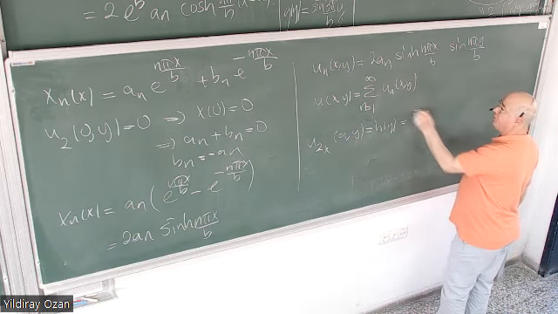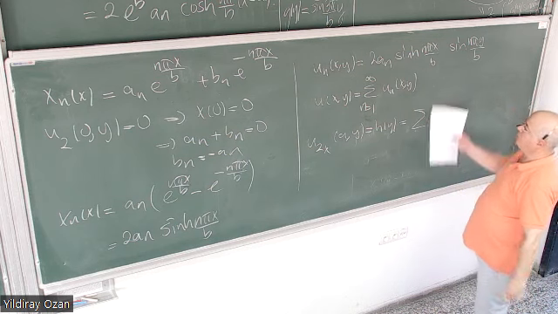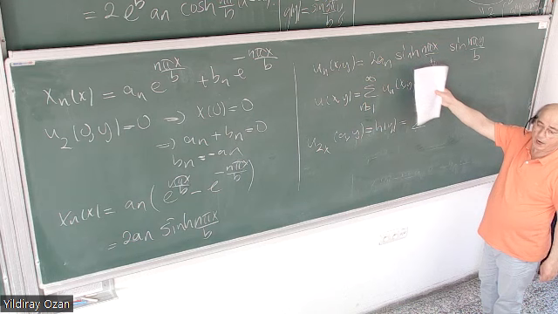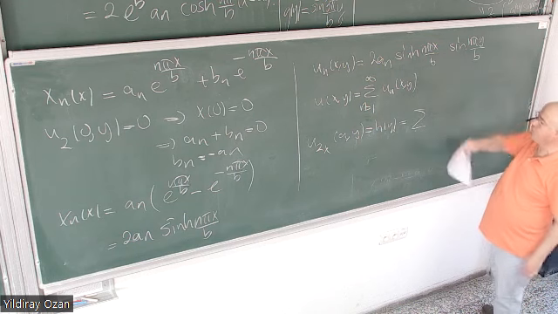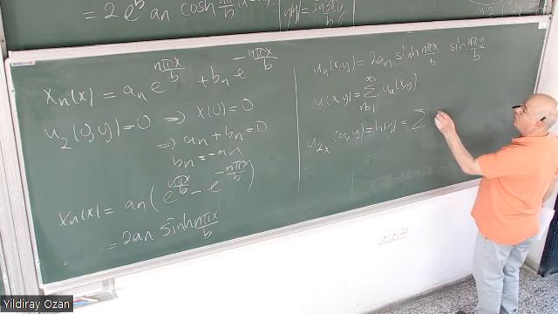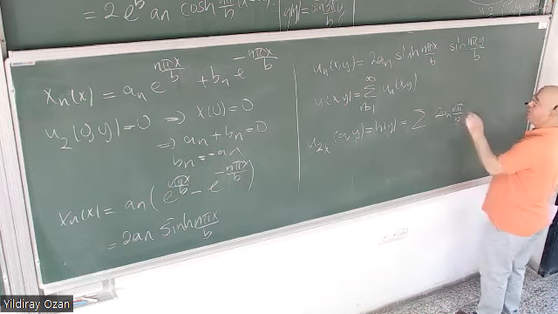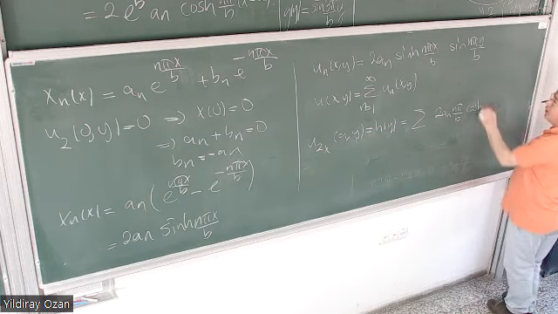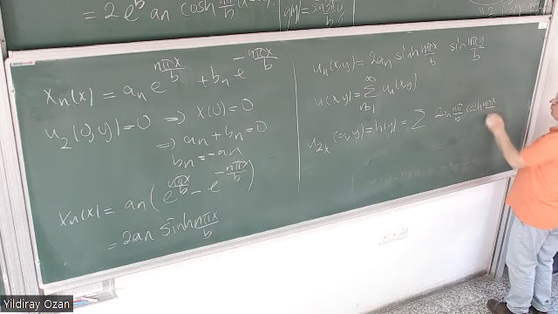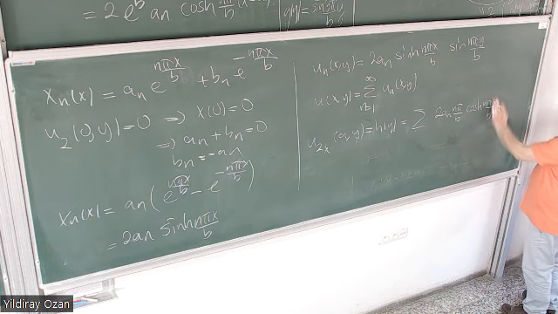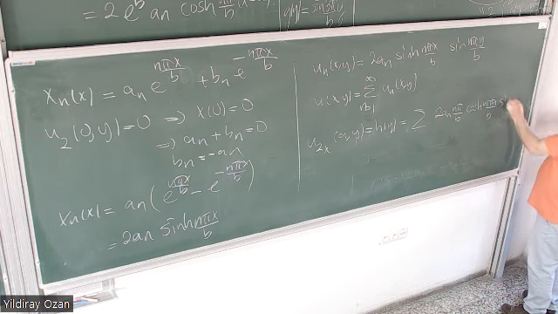When I take the derivative with respect to x, this will be cosine hyperbolic, and this coefficient will go in front: 2 a_n n pi over b cosine hyperbolic n pi x over b, and x is just a, and sine n pi y over b.